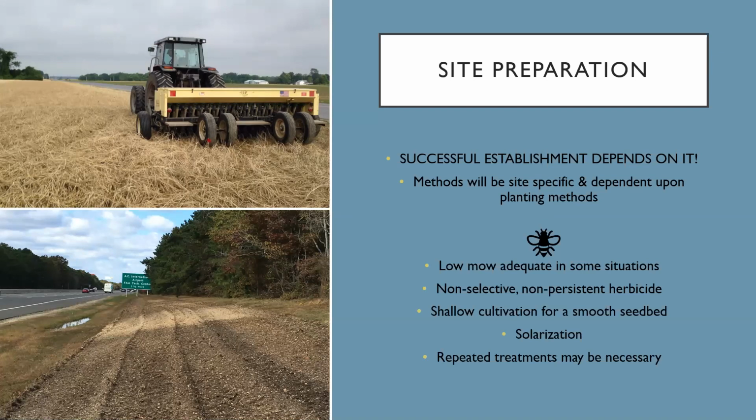So if you're going the mechanical route, disking, turning the soil slightly, you're going to have a whole new flush of weed seeds that are going to germinate, and you're going to have to address those again before getting planted. Of course, we're going to avoid any bee toxic herbicides like paraquat or Gramoxone.